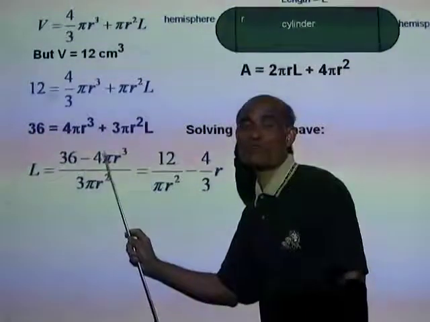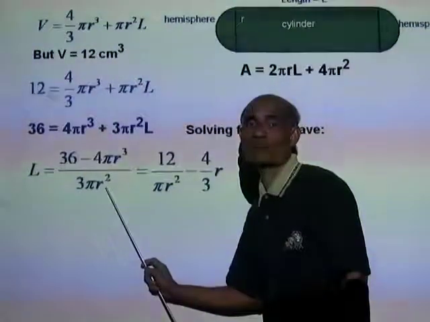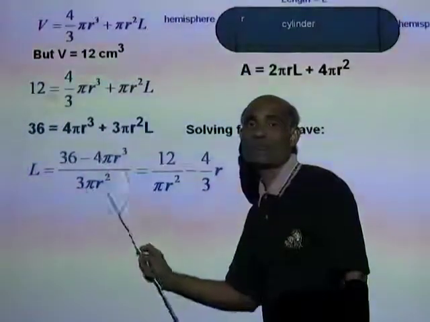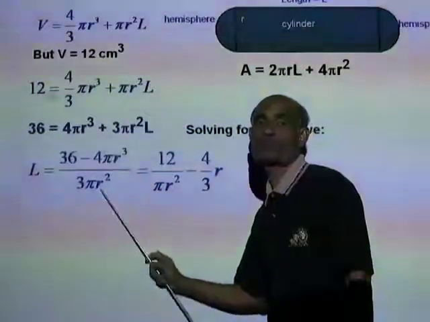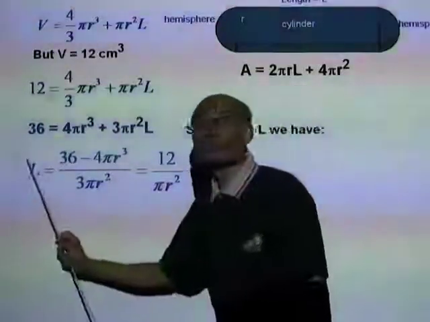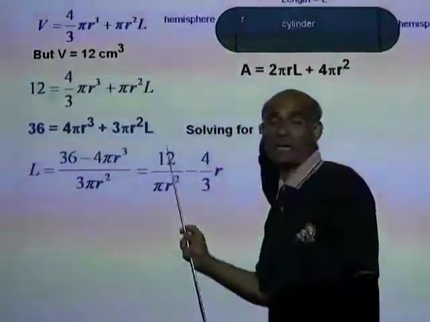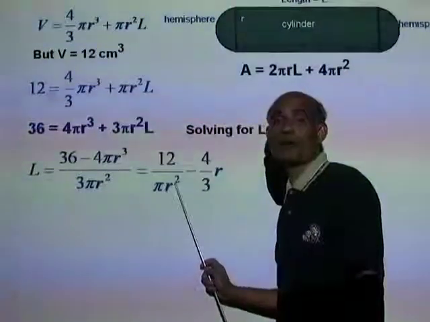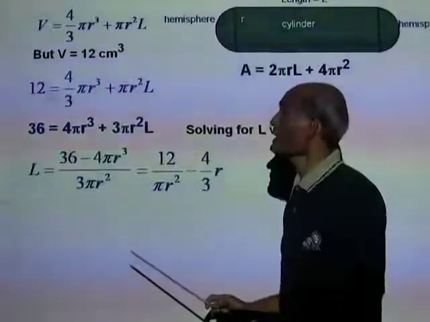And minus 4 pi r cubed divided by 3 pi r squared is 4/3 r, because pi and pi cancel, r cubed goes with r squared, leaving an r. So we've got L in terms of r as 12 over pi r squared minus 4/3 r.